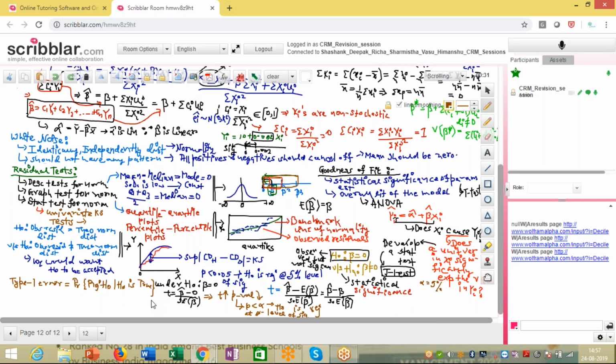T is the test statistic, and if the actual probability of committing the type 1 error is less than the benchmark level of committing the type 1 error, then the null hypothesis is rejected at alpha level of significance. Clear?